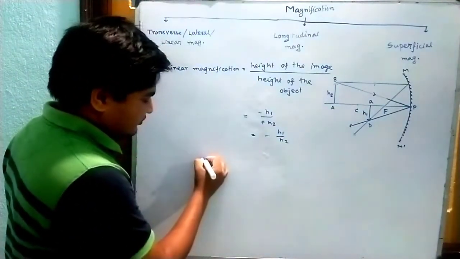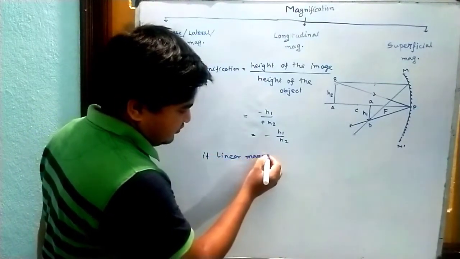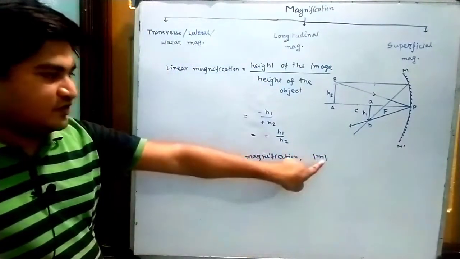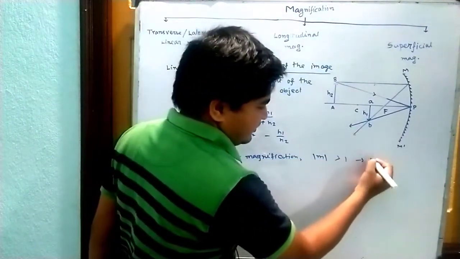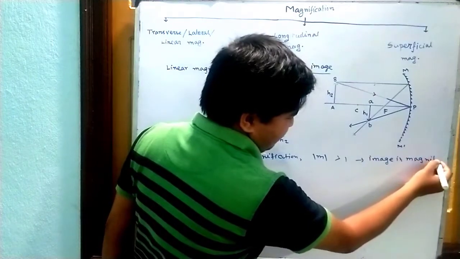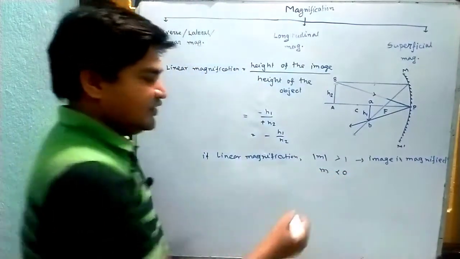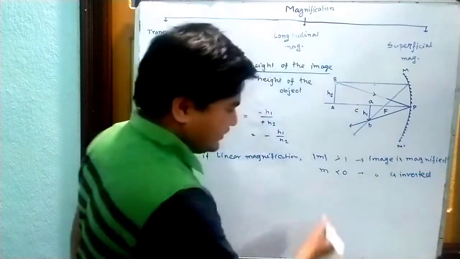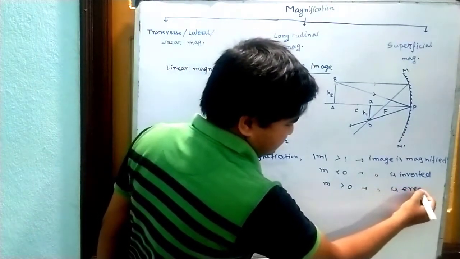Here if we take the magnitude of linear magnification m, and it becomes greater than 1, then we can say the image is magnified, and if the value of m is less than 0, then we can say the image is inverted, and if m is greater than 0, then the image is erect.